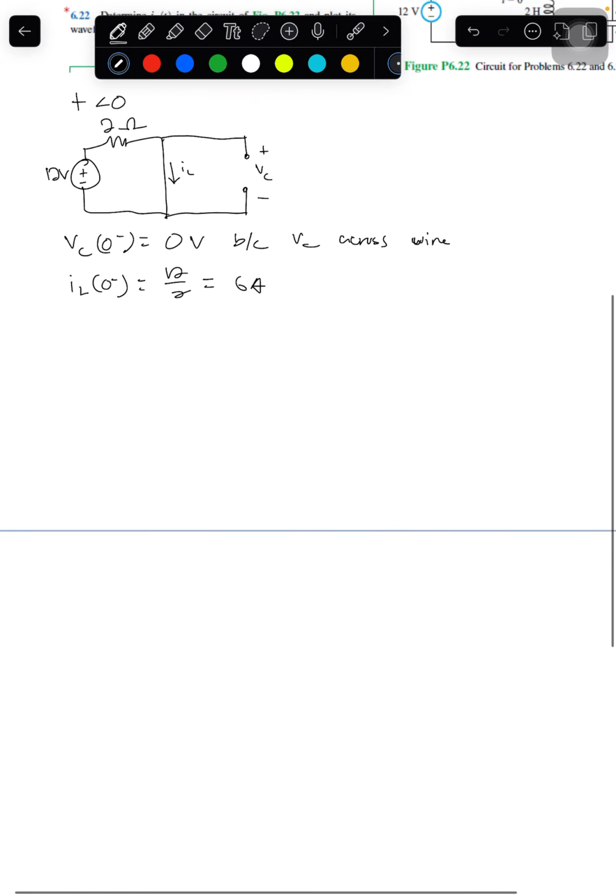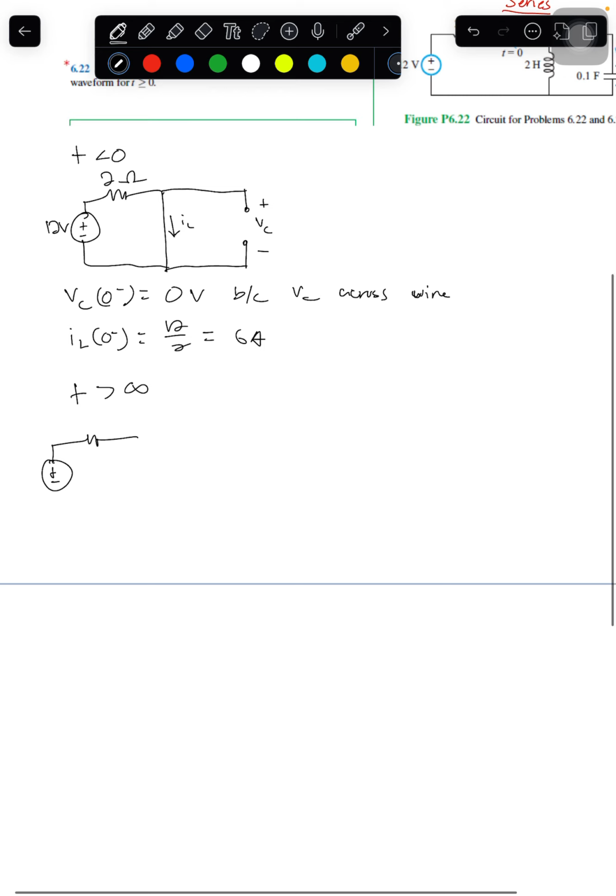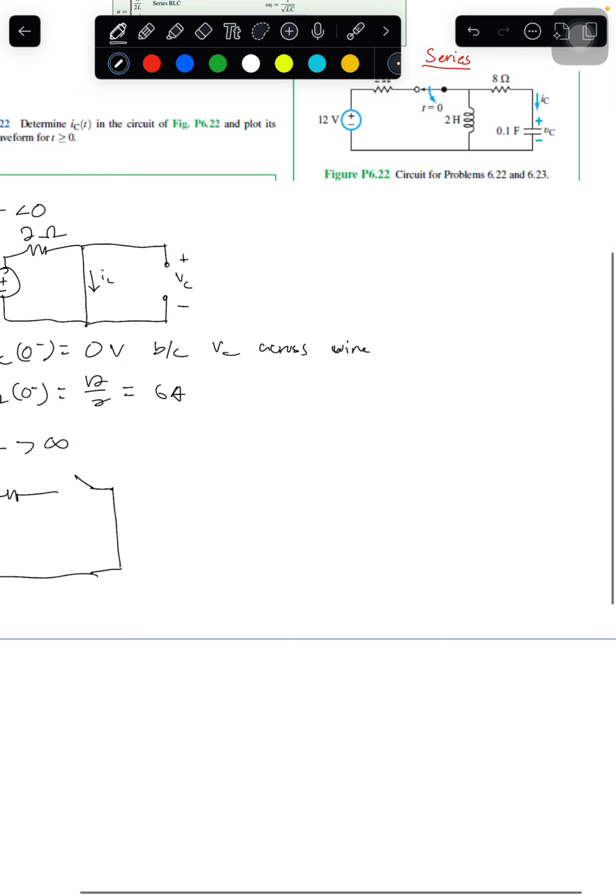Now let's draw for t going to infinity. Switch is open. And this is also in steady state.